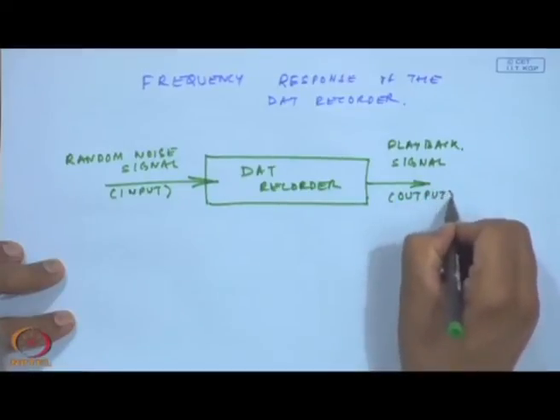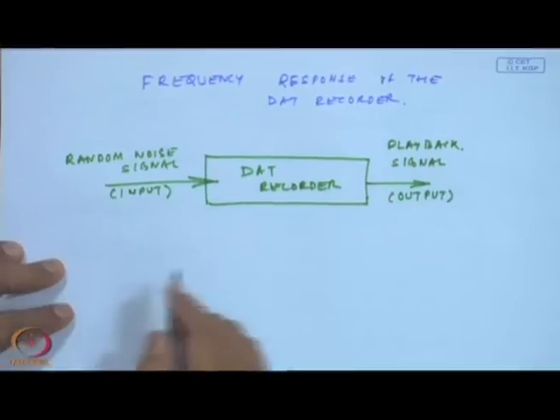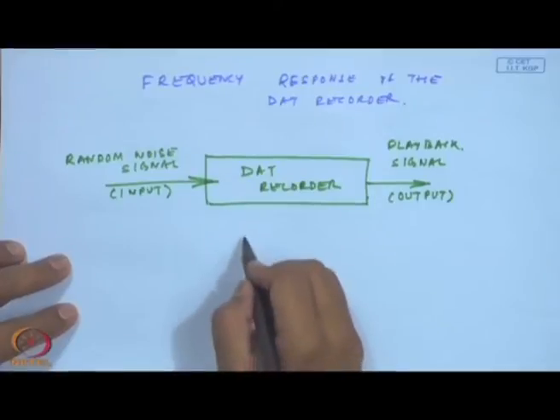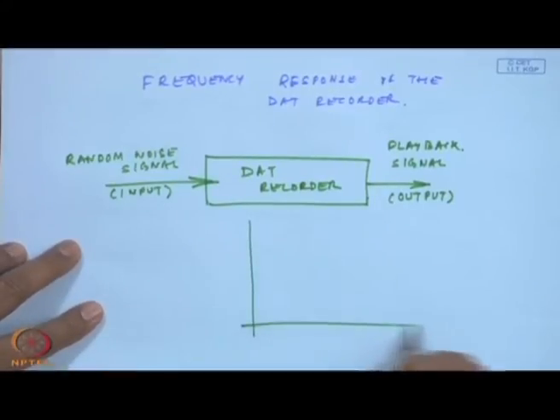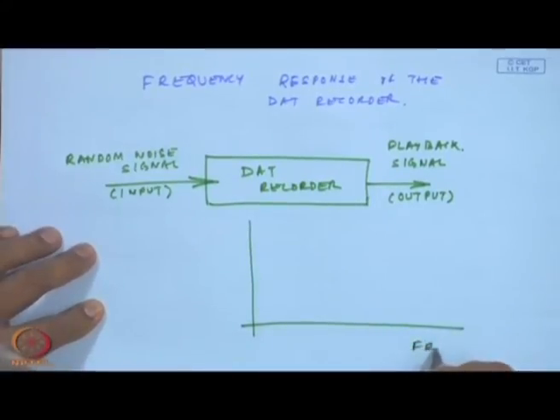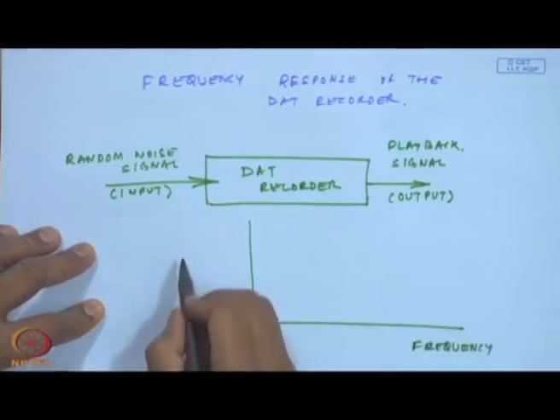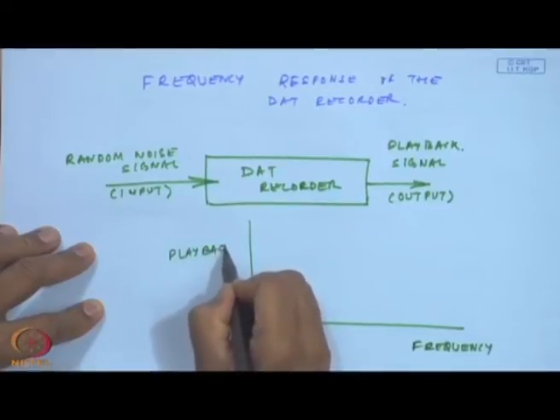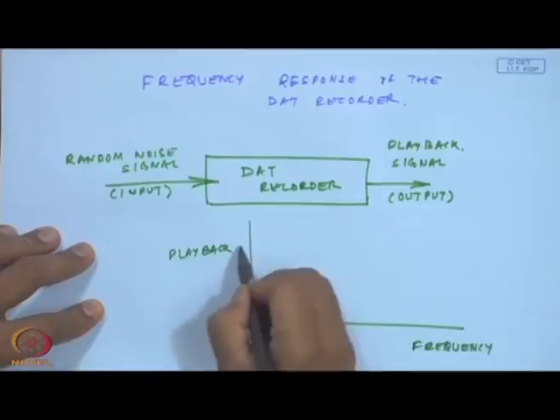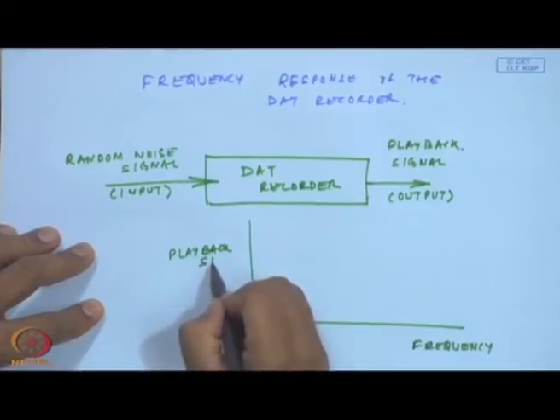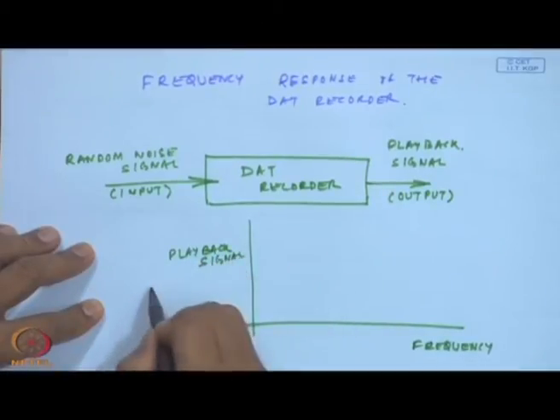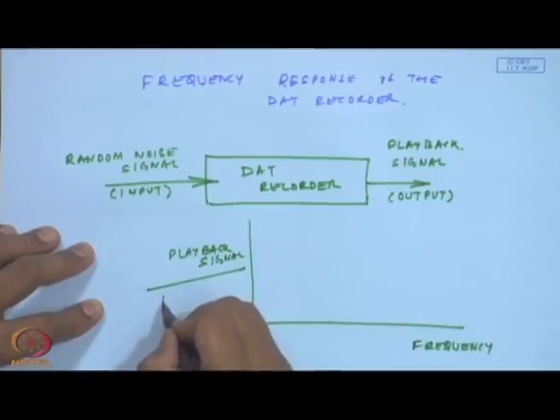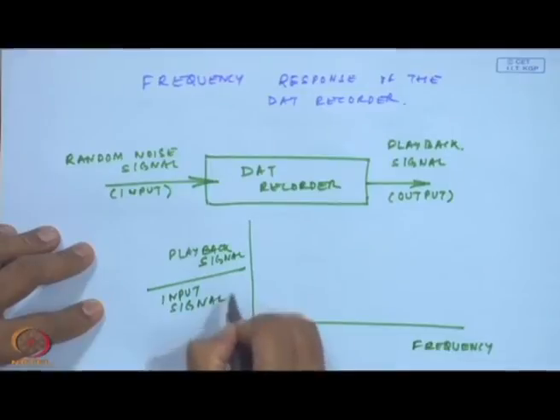Take the output signal and plot, as a function of frequency, the playback signal divided by the input signal.